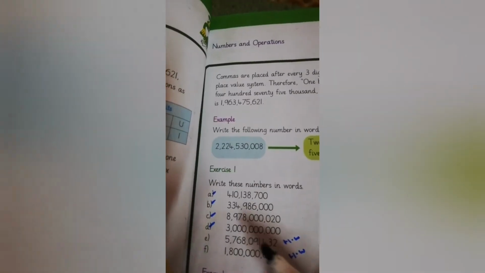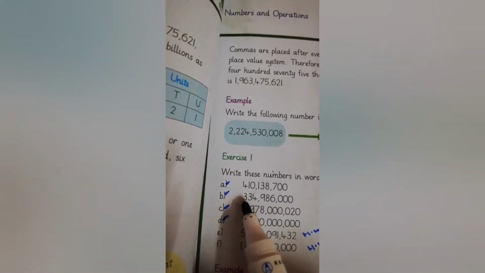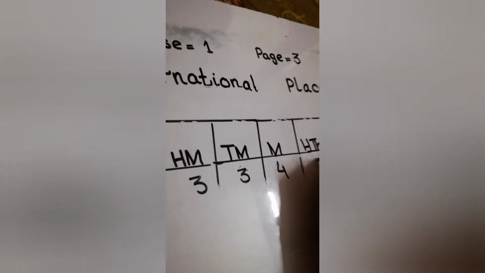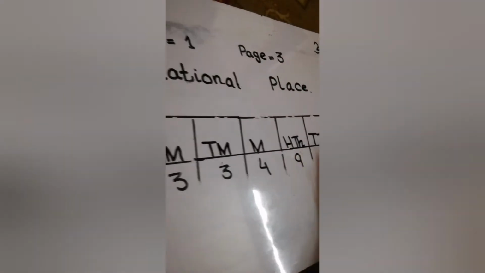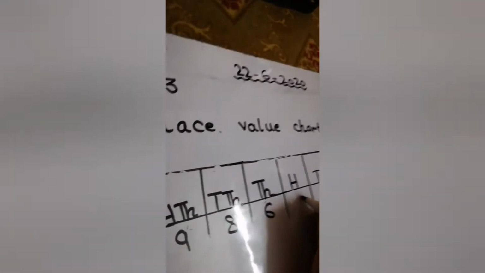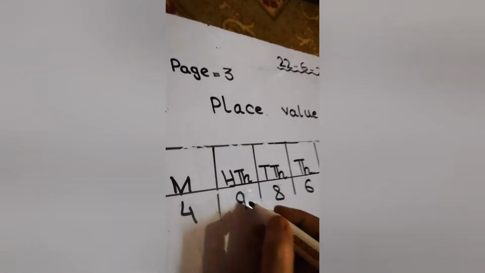The next part, this is the units period, this one is the thousands period and this one is the millions period. So 334 million, 986,000, and we will put zeros here.